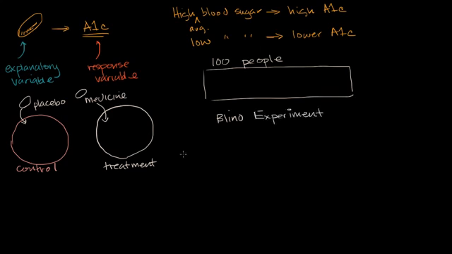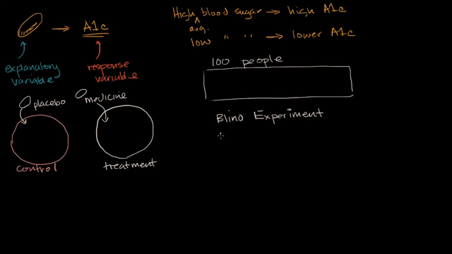Now, you might have heard about double-blind experiments. Well, that would be the case where not only do people not know which group they're in, but even their physician or the person who's administering the experiment doesn't know if they're giving the placebo or the actual medicine to the group.